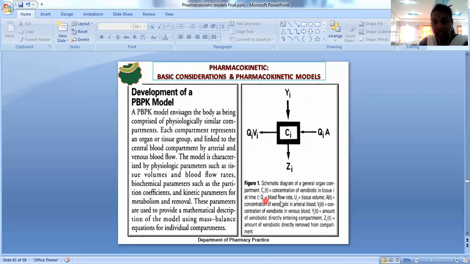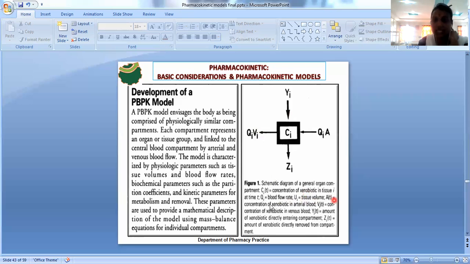And V indicates the tissue volume. Let us consider the kidney only. That particular kidney tissue volume will be given by the term V.